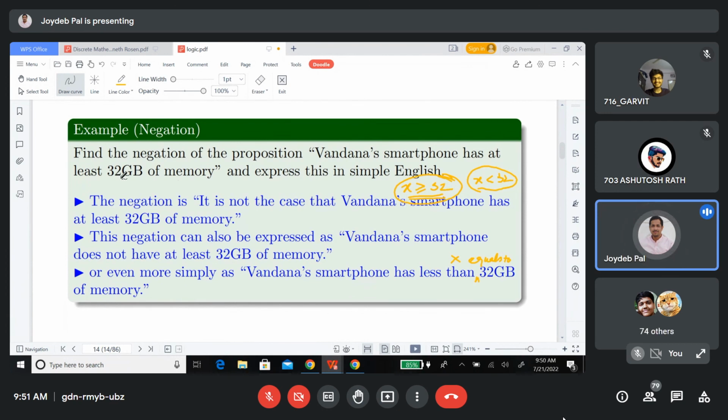At least 32 means greater than or equal to. So in its negation, equals to will not come, right? The term less than or equal to will not be there, only less than. So you should be a bit careful in writing the negation.